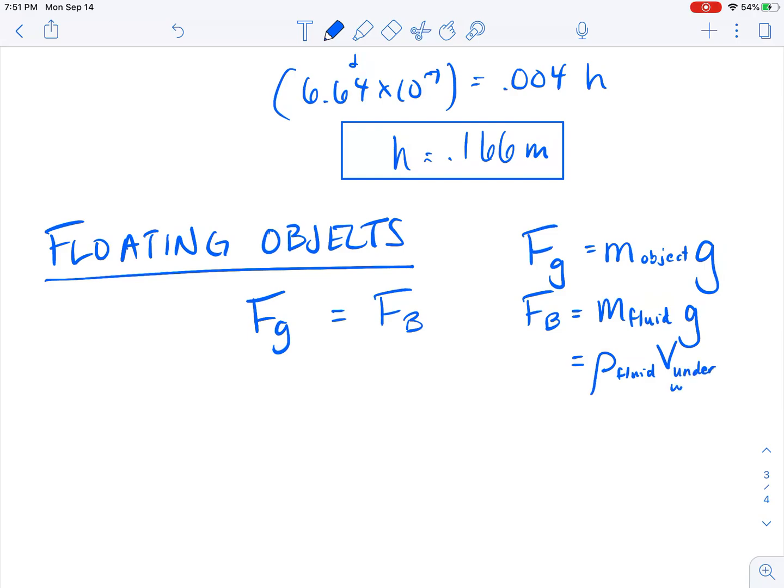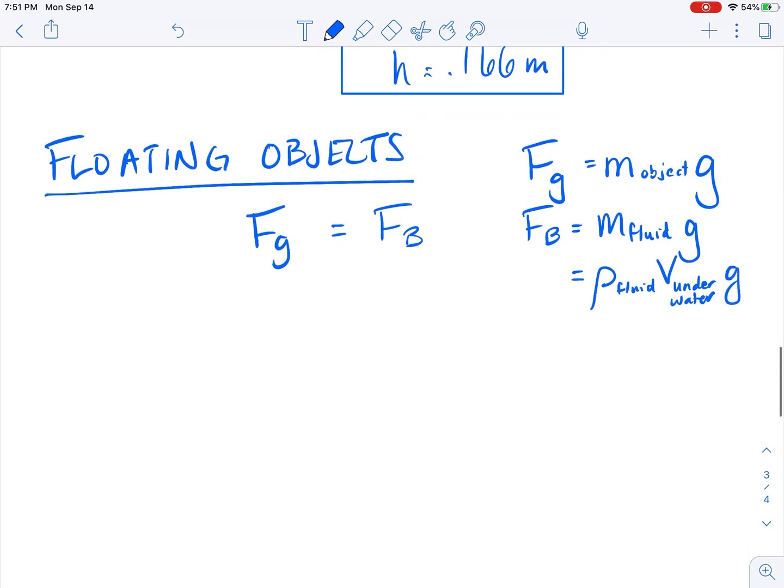So I'm going to call this volume underwater, times g. Now I can set these two things equal to each other. So Fg is the mass of the object times g, and the buoyant force is equal to the density of the fluid times the volume of the object underwater times g. Right off the bat, I see that g cancels out, so that's kind of handy.